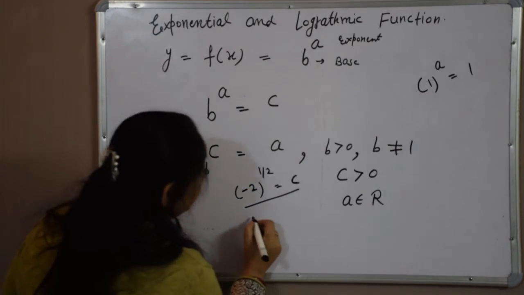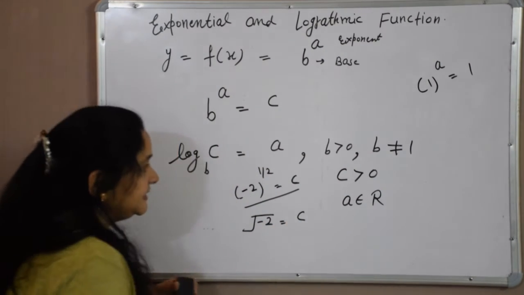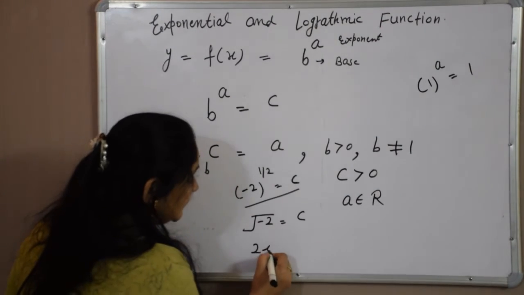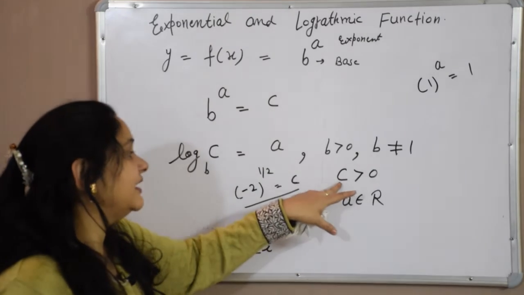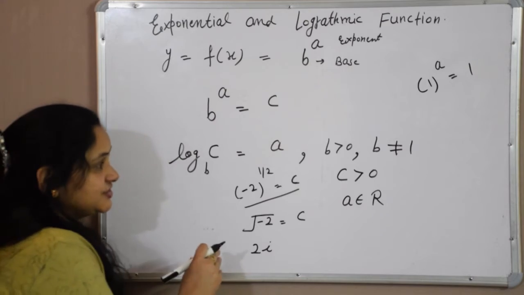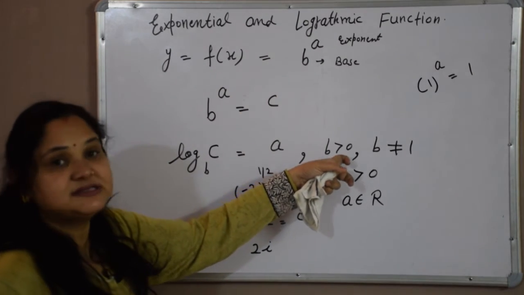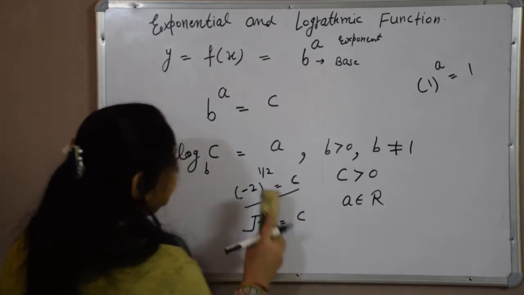It will become the square root of minus 2, and it will not work. In this case, c is equal to the square root of minus 2, that is root 2 times iota, which means it is not giving any real value, but we have already defined that c should be greater than 0. So that is the condition. I have told you the reason why b should always be greater than 0. We can't take b negative.